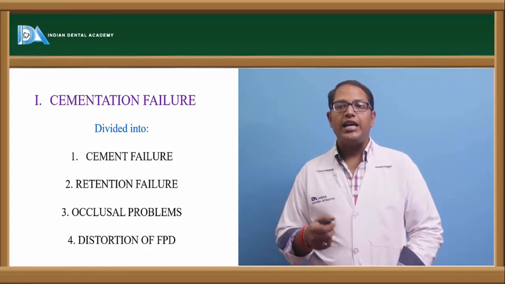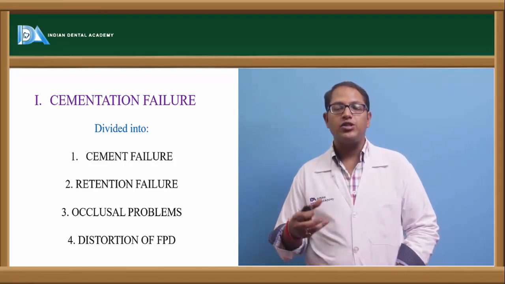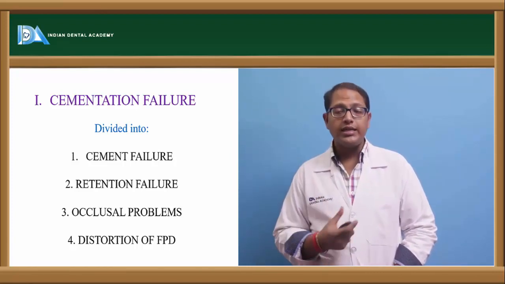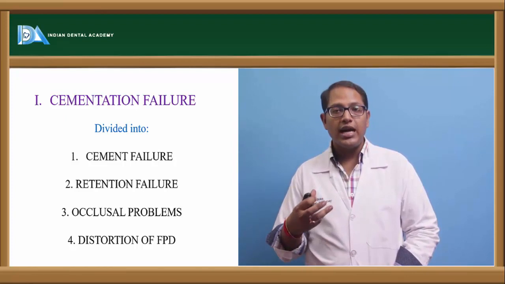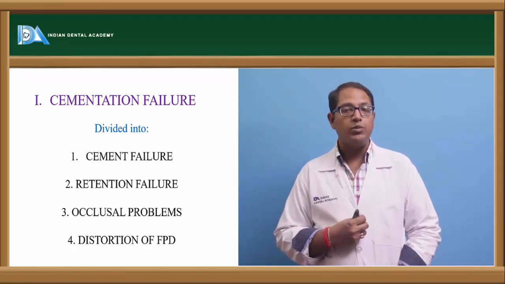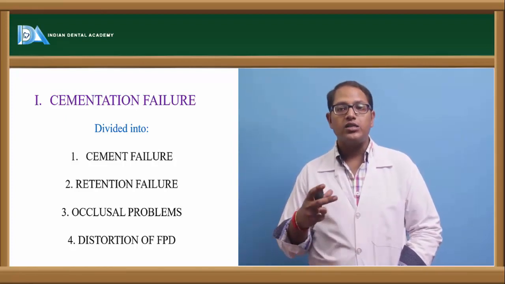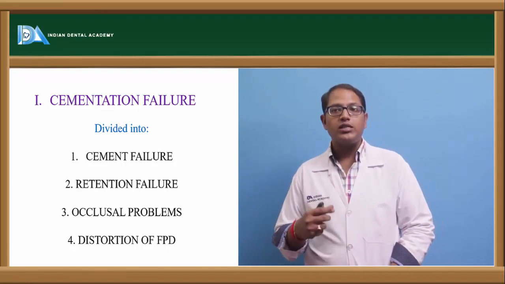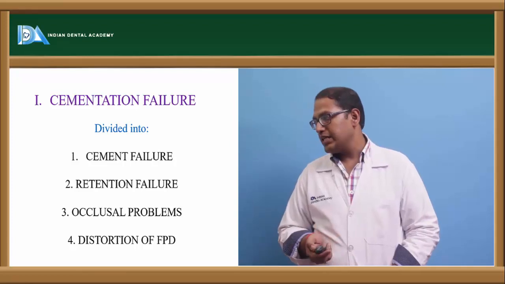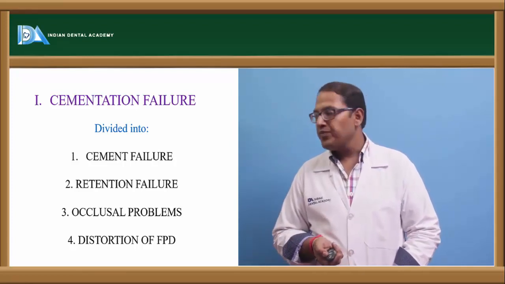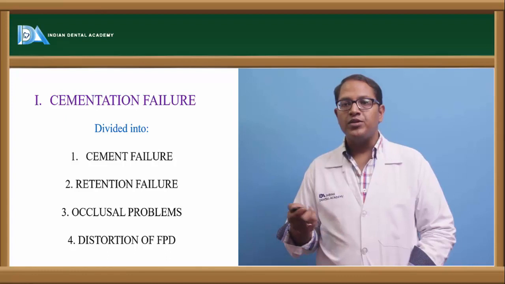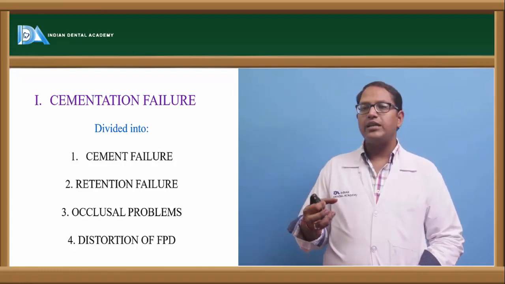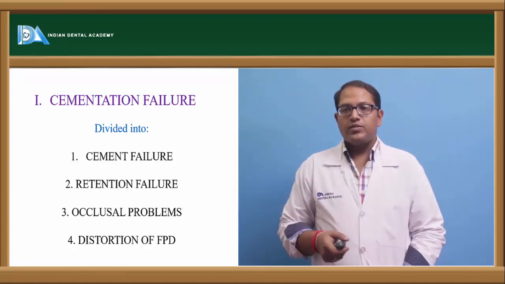Cementation failure can occur if adequate working time is not there, it does not provide a good apical seal, it is toxic to the pulp, it does not have low viscosity and solubility characteristics, or it does not exhibit good working time and setting properties. Similarly, retention failure may occur for other reasons, such as the cement not seating properly.